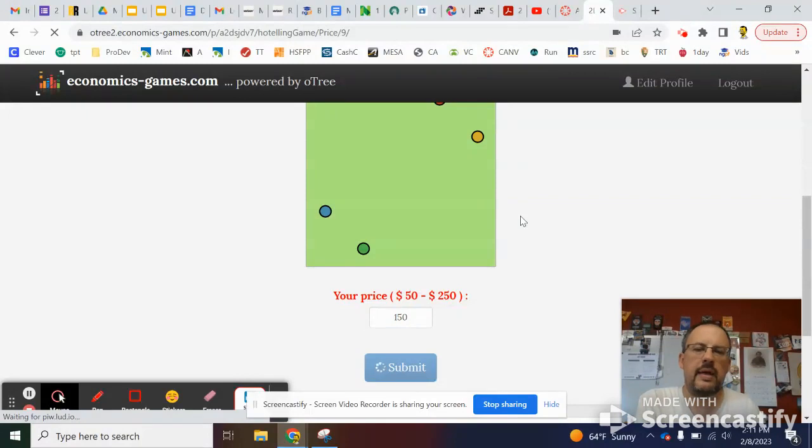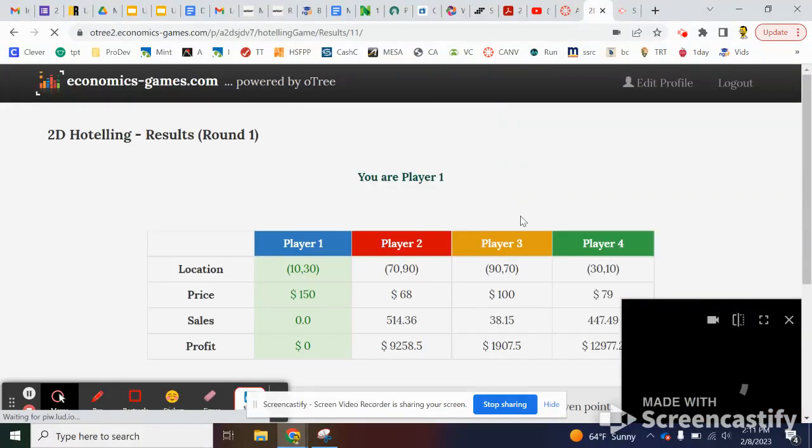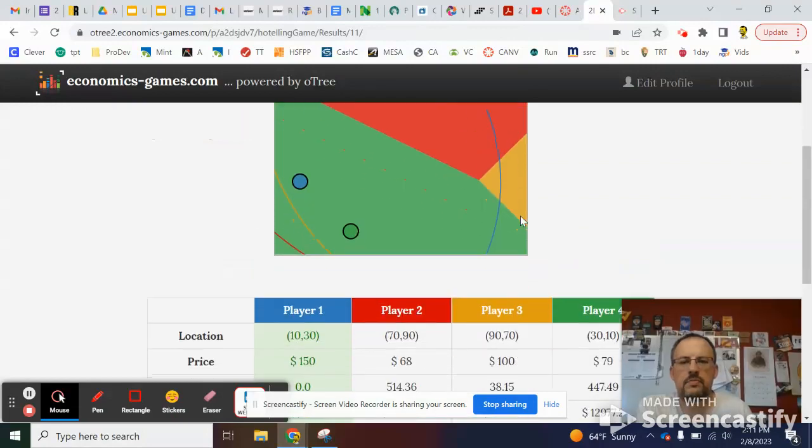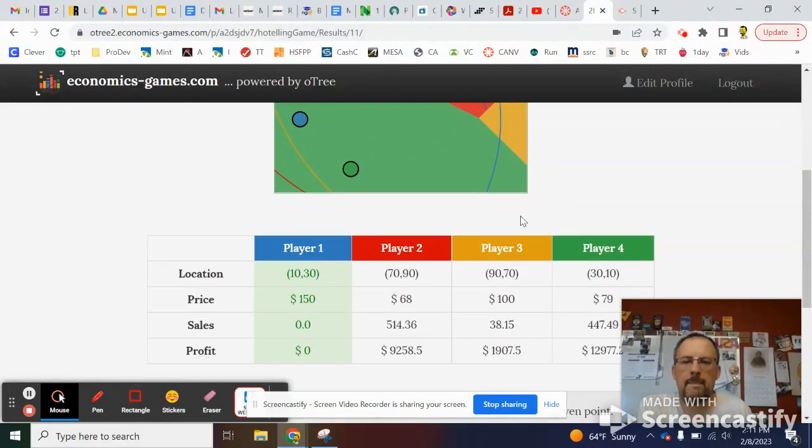So I'm going to make $100 per sale because my cost of production is 50. And oh, I had 0 sales. Notice, this tells you what the other prices were. Player 2 charged 68, player 3 100, player 4 79.